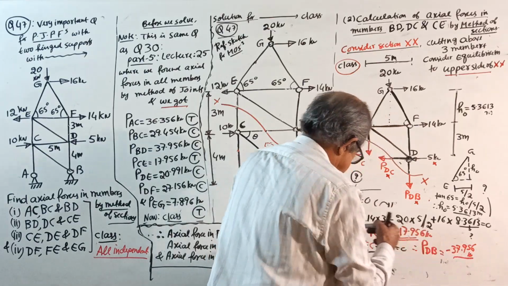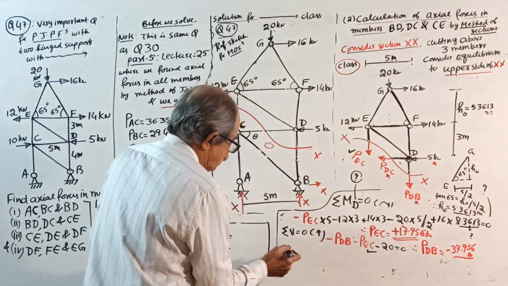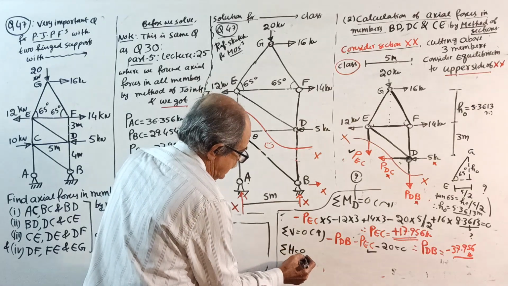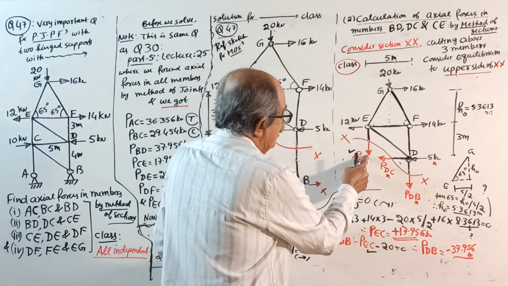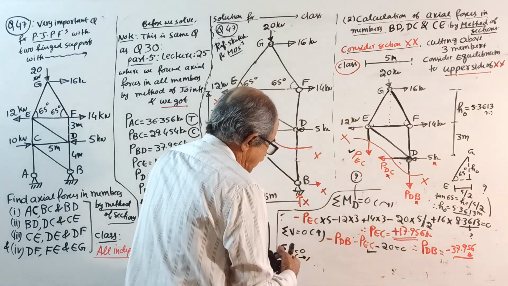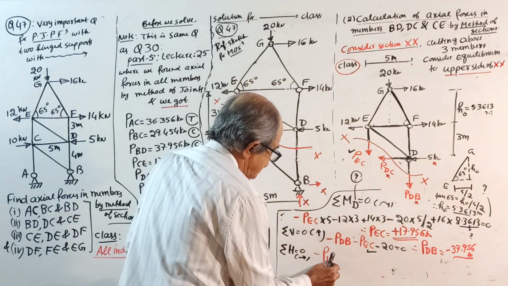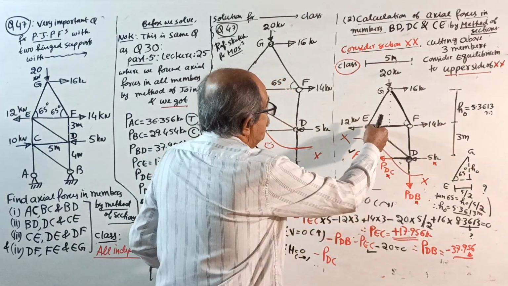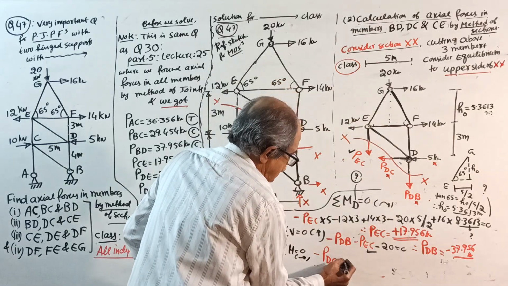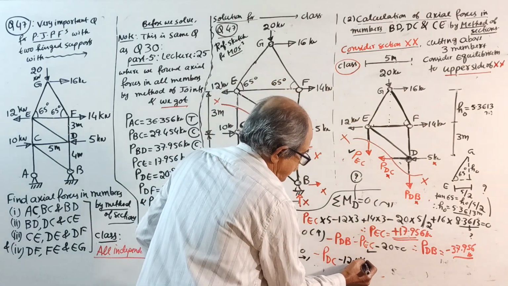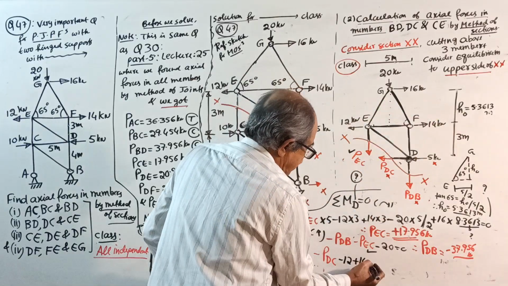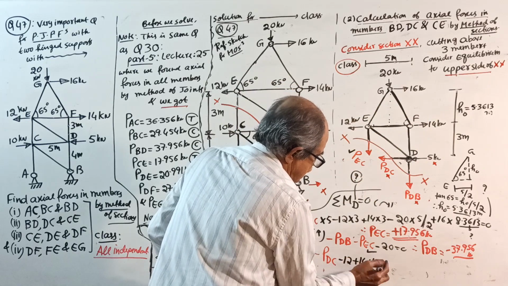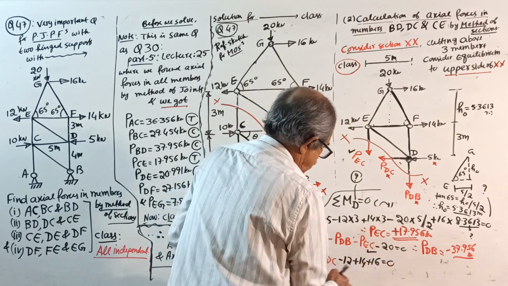Lastly, make sigma H equal to 0. Take right side positive. This will not come, this will not come. Minus PDC, and then minus 12 plus 14, plus 16, equal to 0.